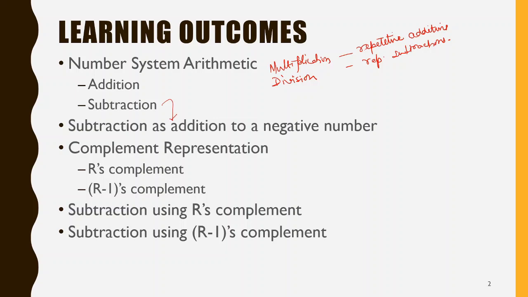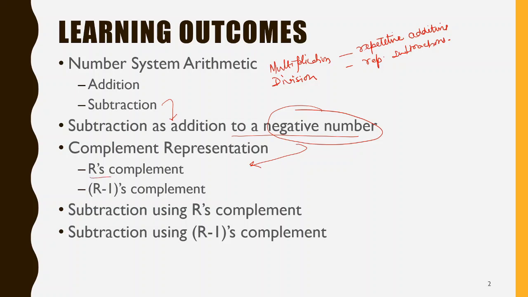We will do individual addition and subtraction first for all the number systems, and then we will do subtraction as an addition to a negative number. In addition to a negative number, we will see the concept of negative number. This is an important concept. For the representation of a number as a negative, we have two methods, called complement representation.